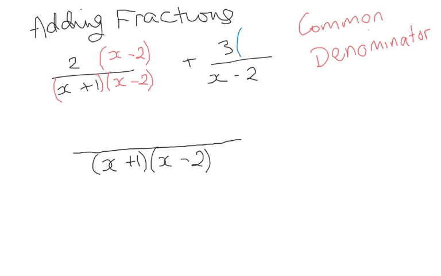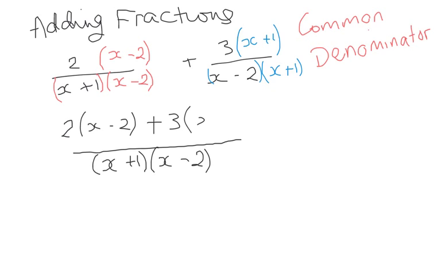The second fraction we multiply by x add 1, top and bottom. So this gives our common denominator that we need, x subtract 2 times x plus 1. Now we have numerator 2 bracket x subtract 2 add 3 bracket x plus 1.